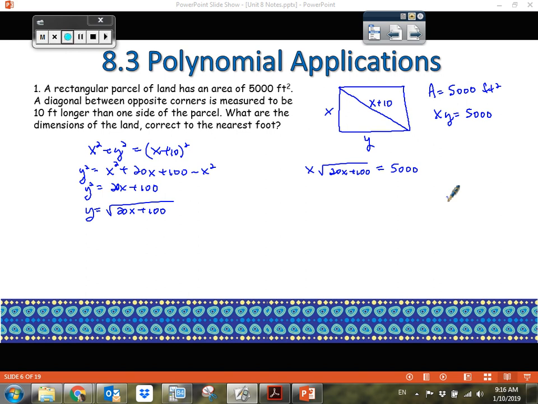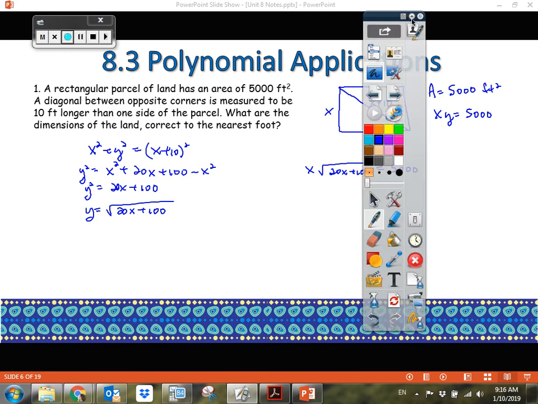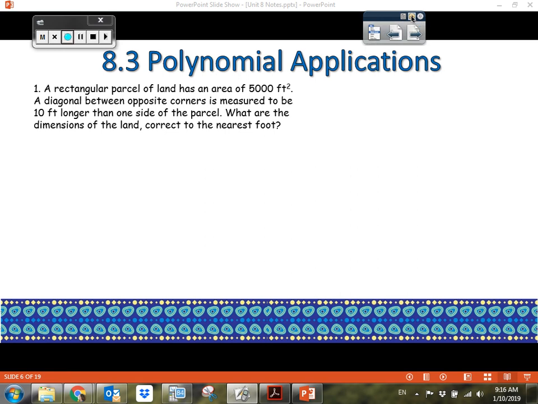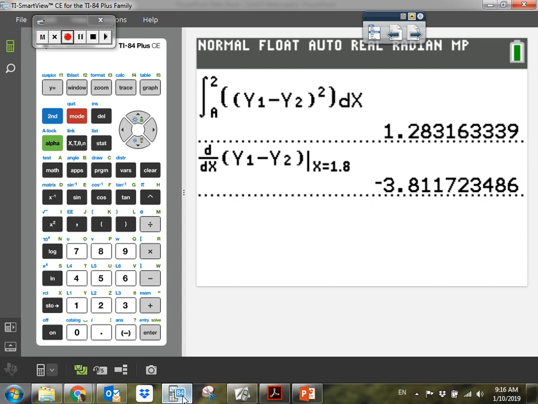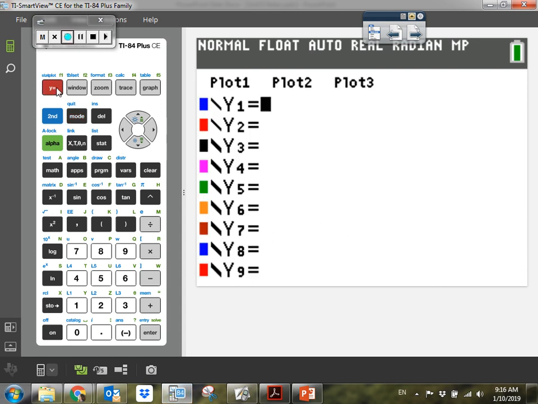So this is the point where we're going to go to our calculator. So I actually need to erase this. Does everybody have what they need? We're going to go to my calculator, and I'm going to show you how I would solve it, which is probably much like you would as well. We have options, but let's go to the calculator. What I do is I put the left side in y1 and the right side in y2. That's just how I solve equations on the calculator. So let's see.